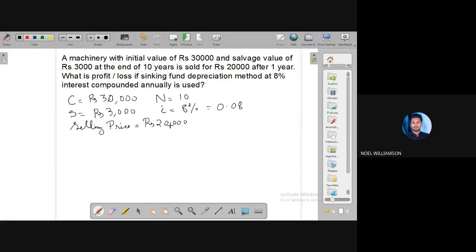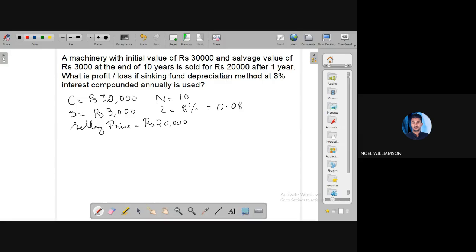These are the given data. You have the relation, so you can find the depreciation rate first of all, and it is given that the product is sold for 20,000 rupees after 1 year.